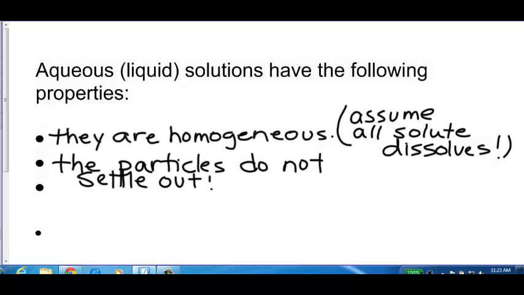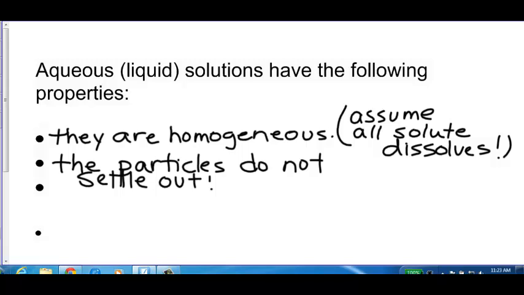If you go to the creek and get a cup of mud water, it may look homogeneous at first, but if you let it sit, the mud is more dense and will settle to the bottom. That's not what we're talking about. With solutions, if you let them sit, they don't look any different than when you originally stirred them and made the solution. The particles do not settle out.